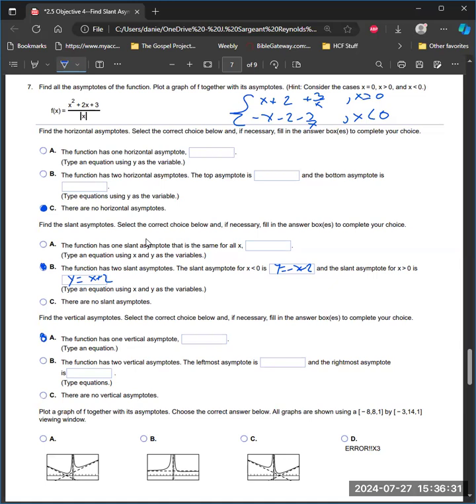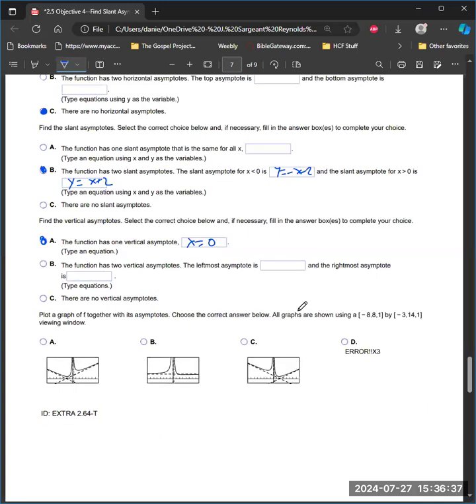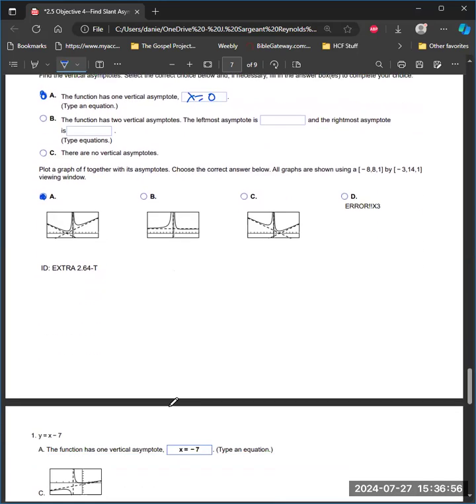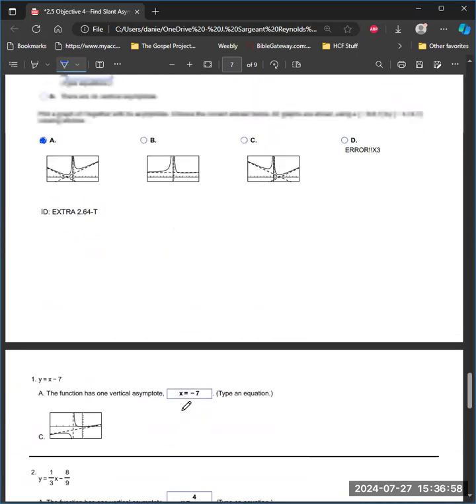Function has a vertical asymptote at x equals 0. So we're looking at A here. And that's it.